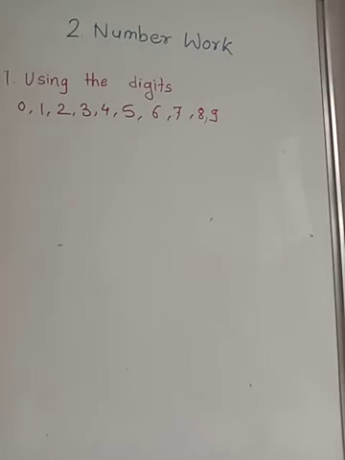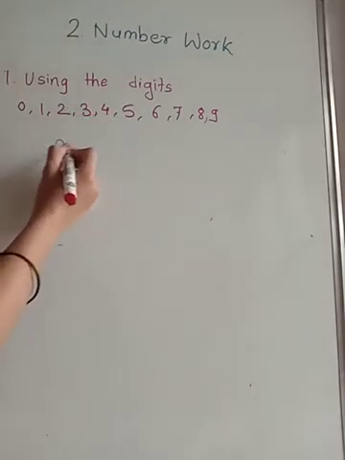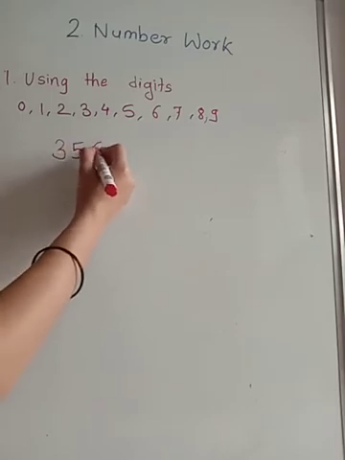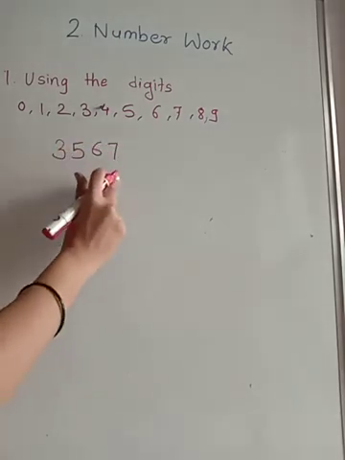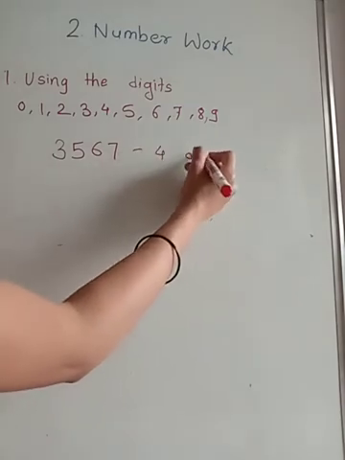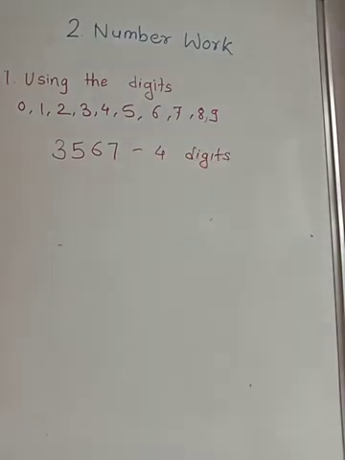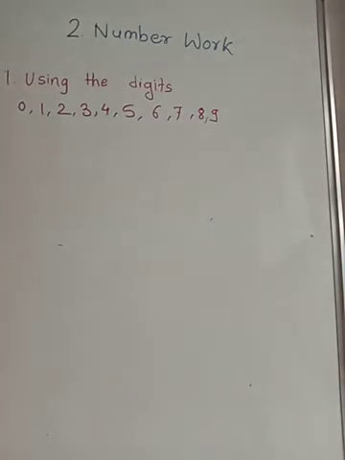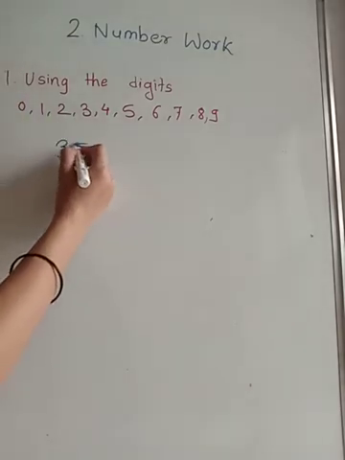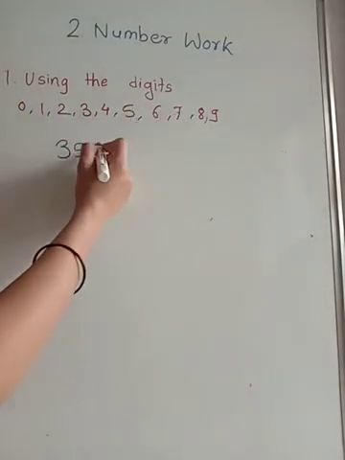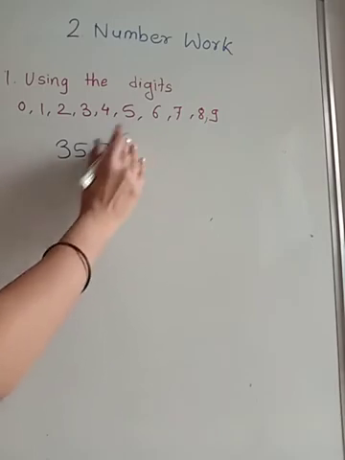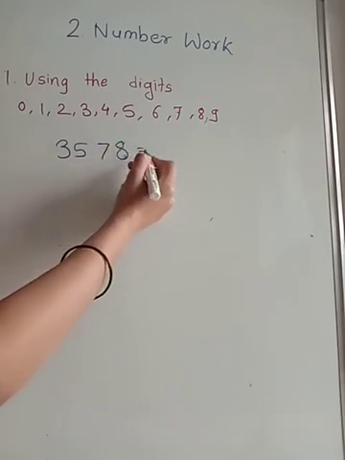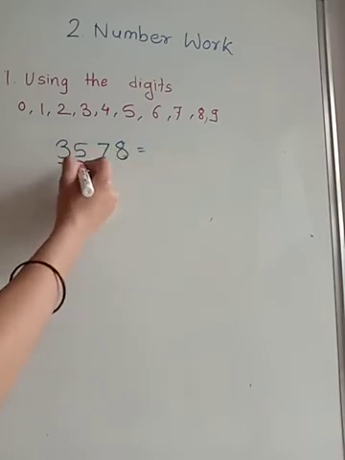Okay, so first we write one number using these digits. We make a 4 digit number: 3, 5, 7, 8. So this is our answer. This is a 4 digit number, 1, 2, 3, 4.